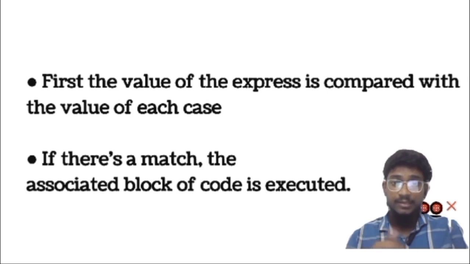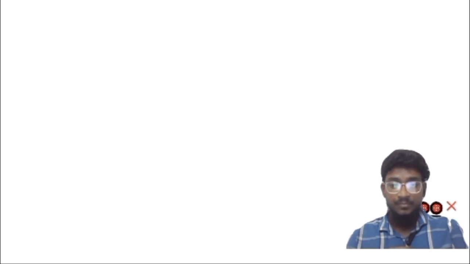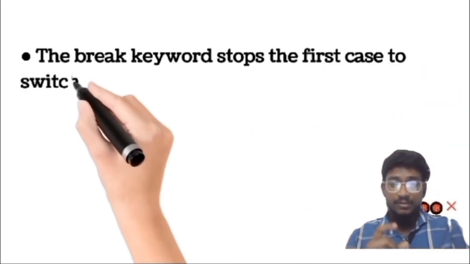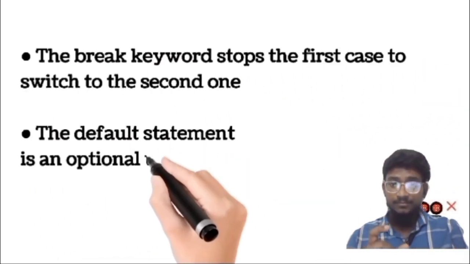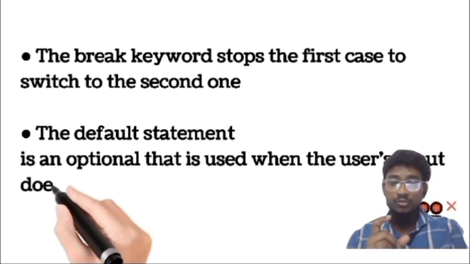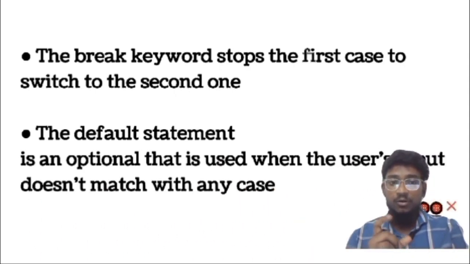If not, it moves on to another case. In a switch case statement, there's a keyword named break. It is used to stop the execution of one statement block and to differentiate each case from one another.